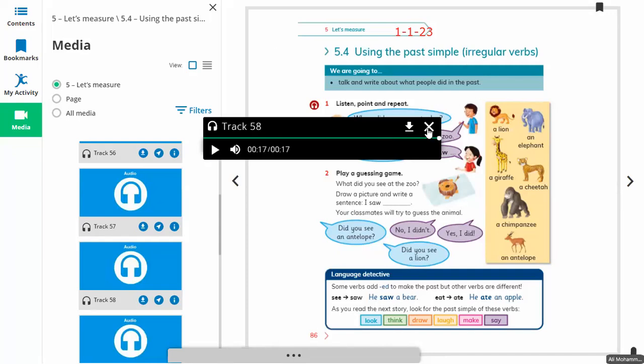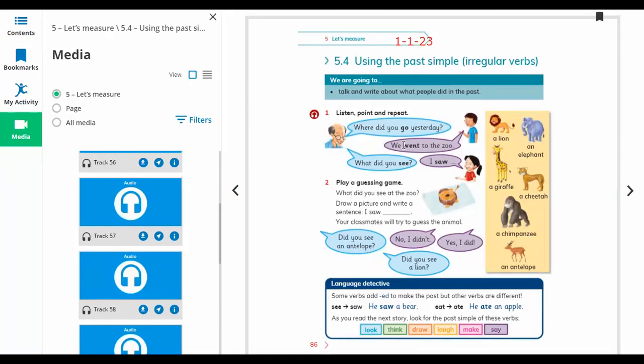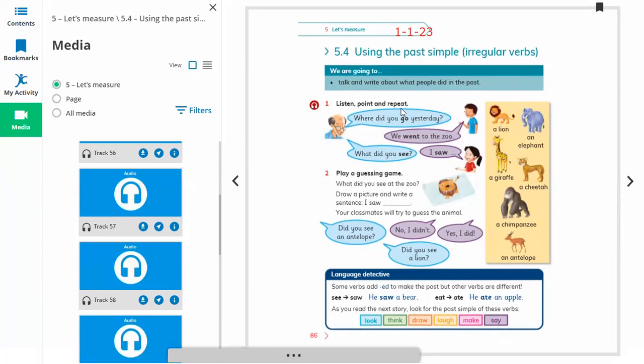So this was track number 58, and what was it about? Where did you go yesterday? They are talking about the past, about yesterday. They are not talking about today. Where did you go yesterday? We went to the zoo. What did you see?